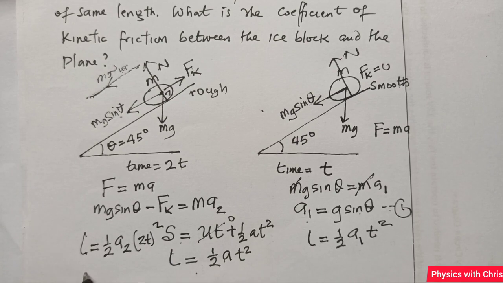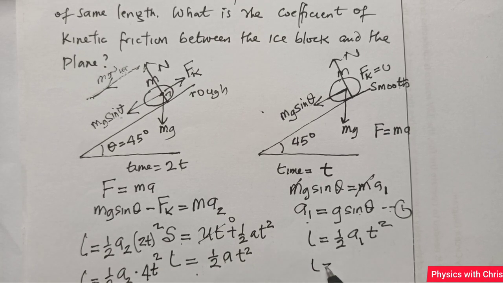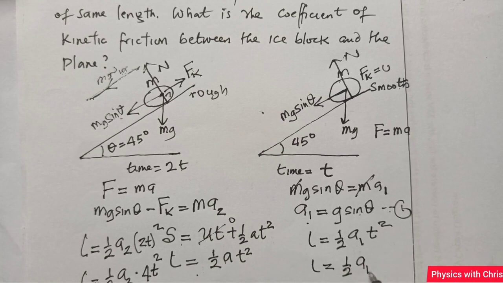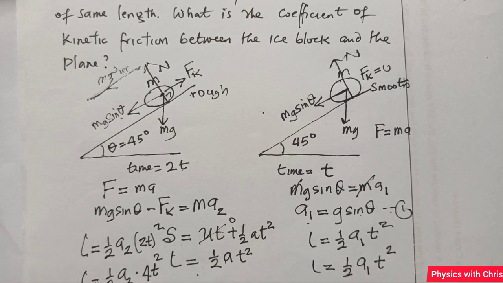So the length of this plane is half times a2 times 4t squared, while this is length equals half a1 t squared.